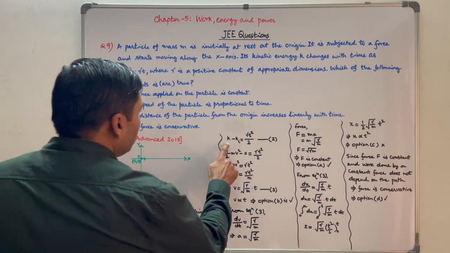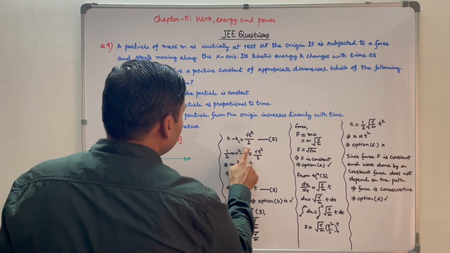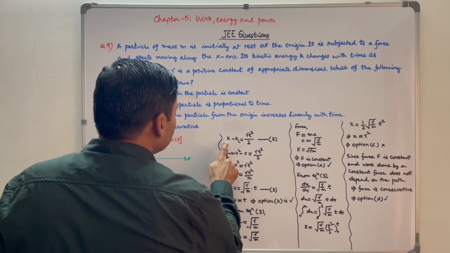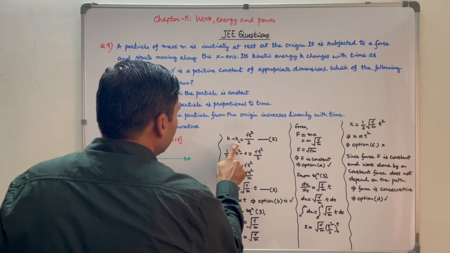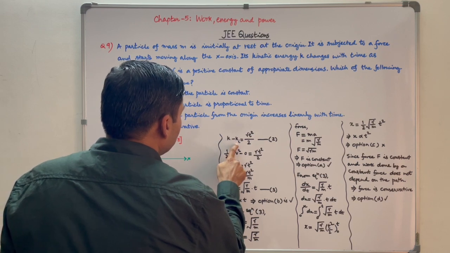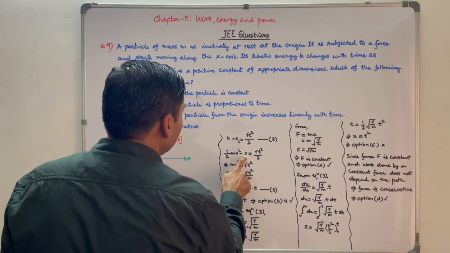This means K minus Ki is equal to gamma t squared upon 2. K is the kinetic energy of the particle at some time t. So it is half mv squared. Ki is the kinetic energy of the particle at t equal to 0, and that is 0 because the particle is at rest at t equal to 0.